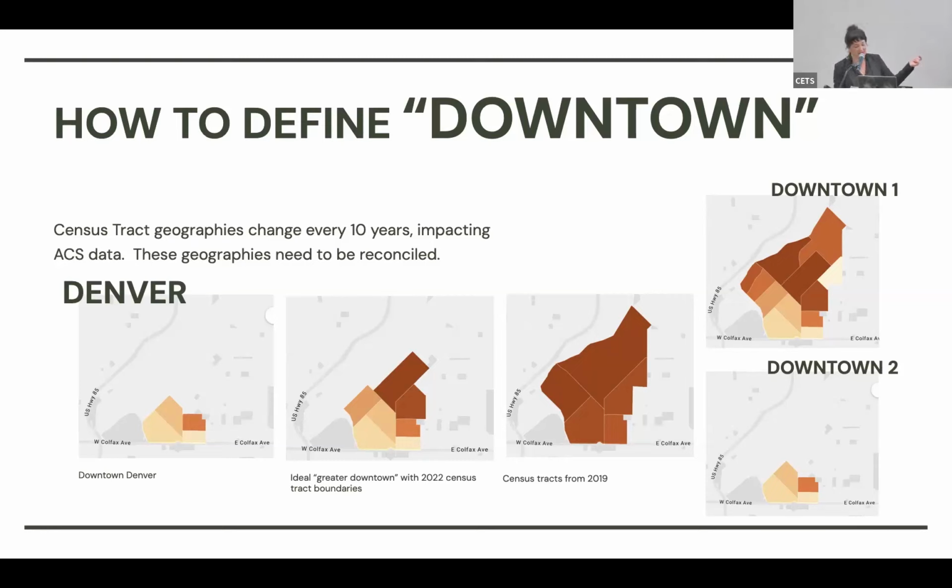So one is faced with a decision. See pictures 4 and 5. Should you be more inclusive and expand your geography as you reconcile, or should you be more restrictive and shrink as you reconcile? Because this project is still underway, I'm just working with 2 different versions of downtown. Downtown 1, which expands, and downtown 2, which shrinks.